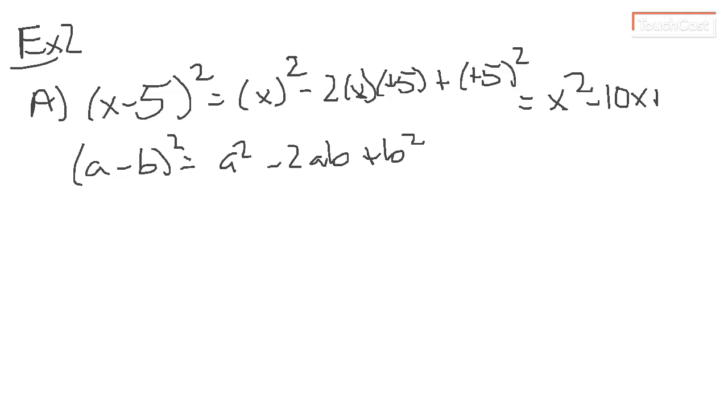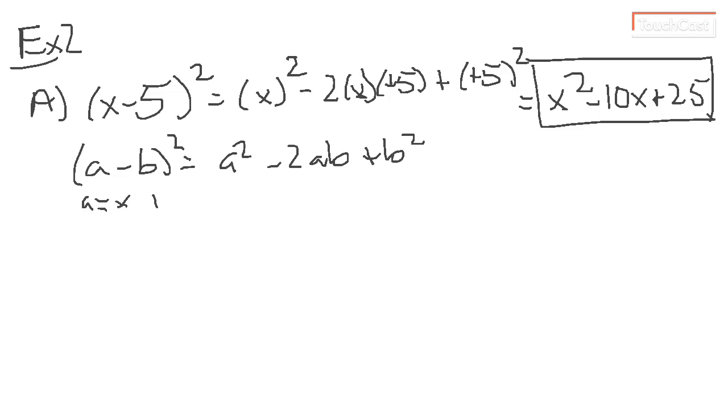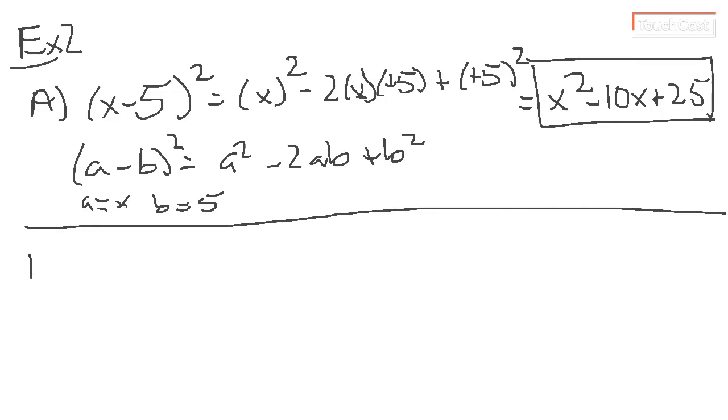And 5 squared is going to give us 25. So our answer is x squared minus 10x plus 25. In this case, our a was x, our b was 5, not negative 5. That was my mistake. Let's look at one more in example 2, and then we can probably move on.